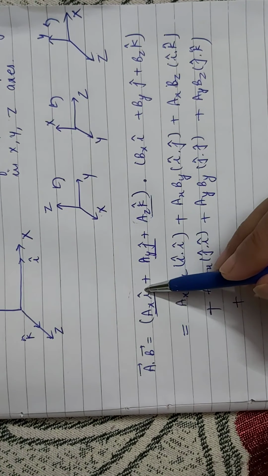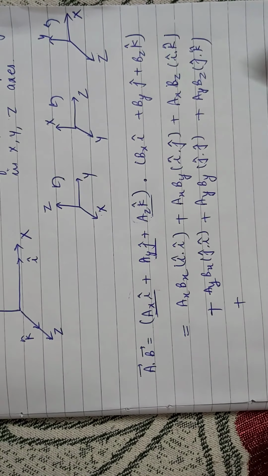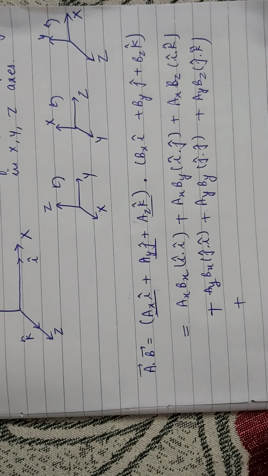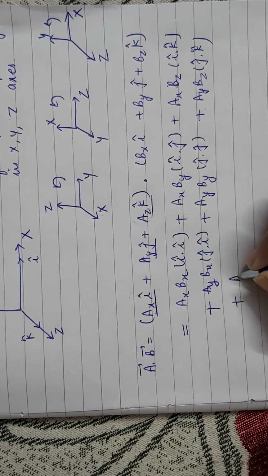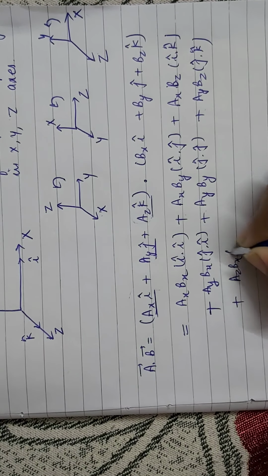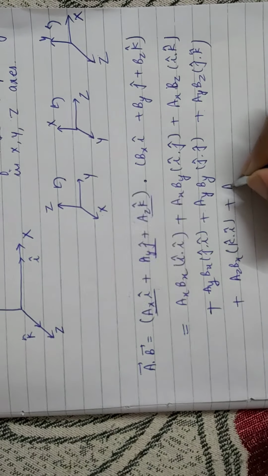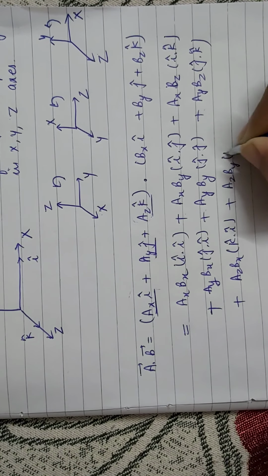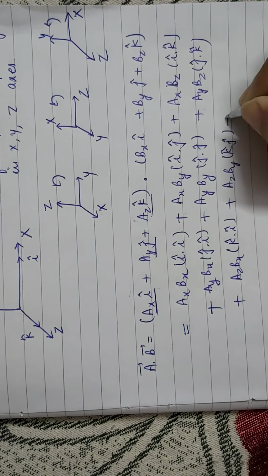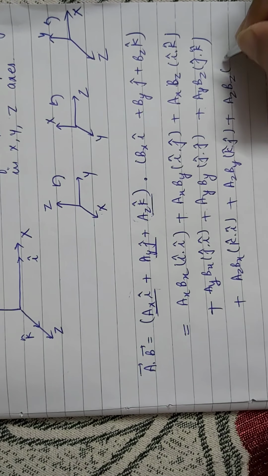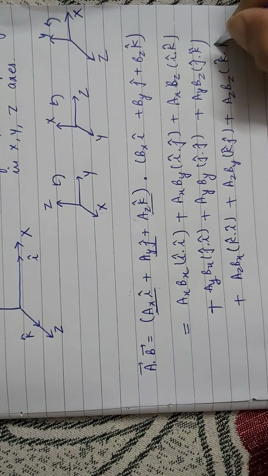As we have plus between the terms, all the terms are positive, with an addition symbol between them. So az bx k dot i plus az by k dot j, and the last one is az bz k dot k.